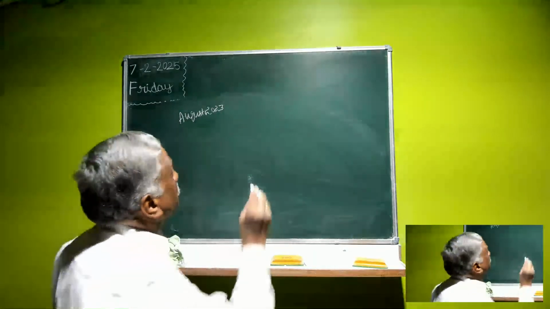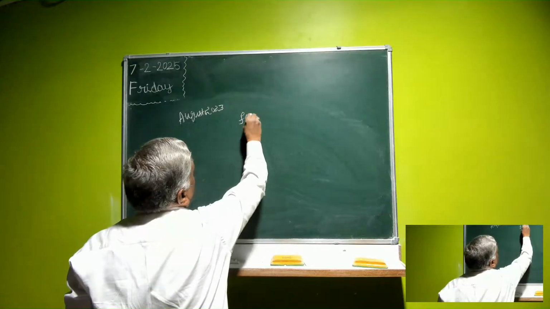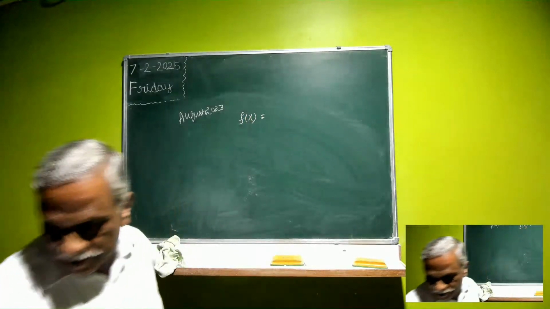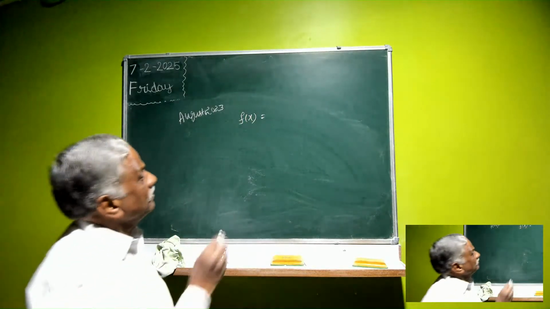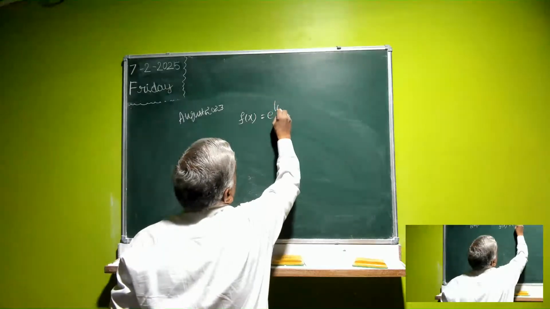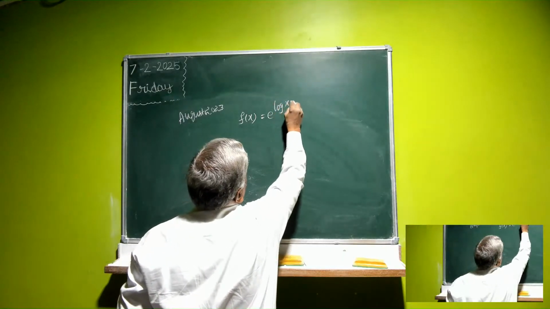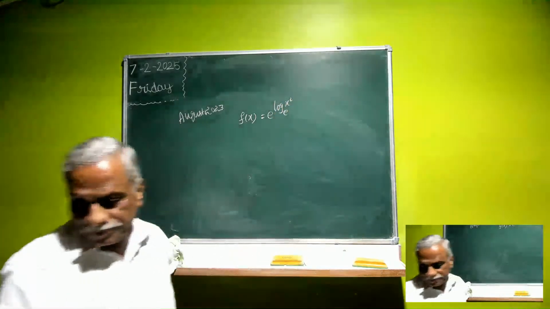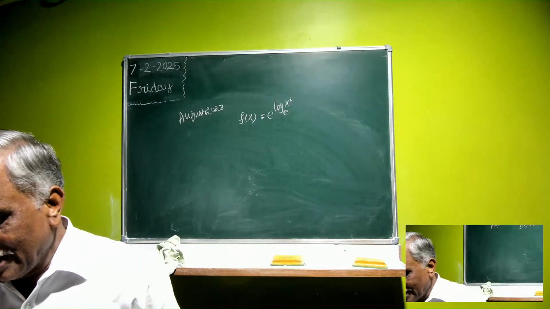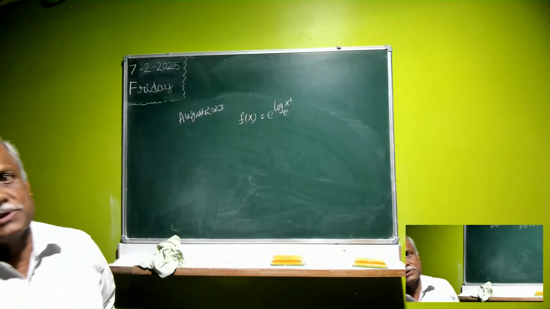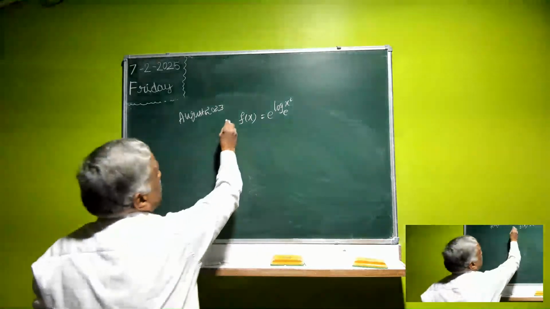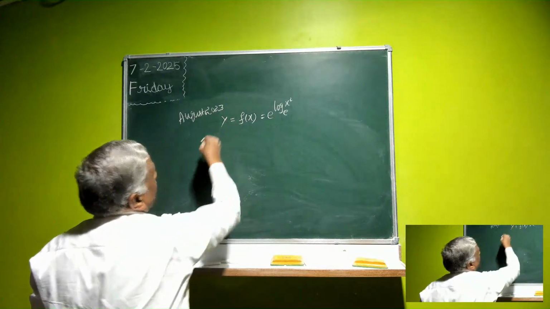Anyway, let us see. f of x is equal to e to the power of log x square to base e. Again, they have given 4 options. So what you should do is, you can call this f of x as y.